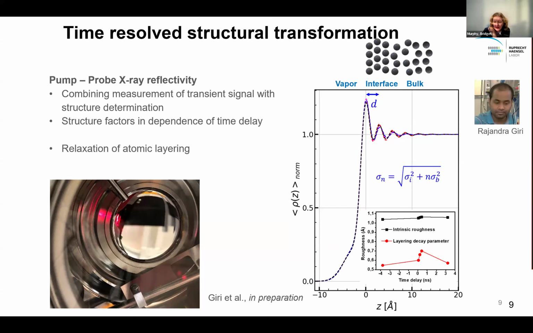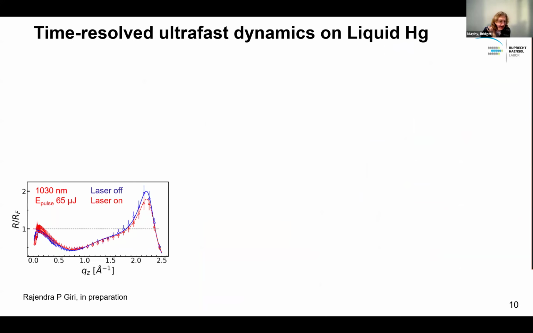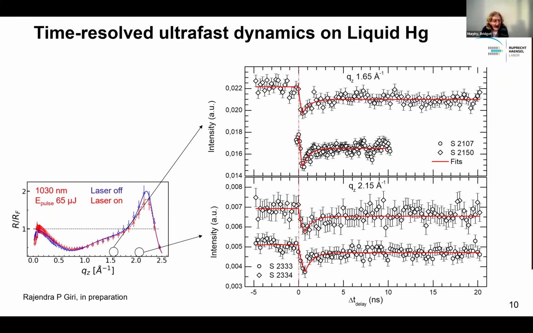So this is what we're trying to describe at the moment, and also we can go and sit at one position in the reflectivity and then look at the dynamics at that position. So this is an R over RF, so it's nice to make the quasi-Bragg peak look more impressive. And now if we go at either 1.5 or 2 inverse angstroms, so this is the famous bump here, this is focused more again on the layering.